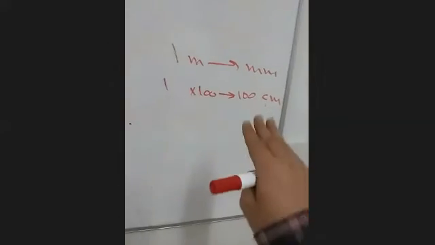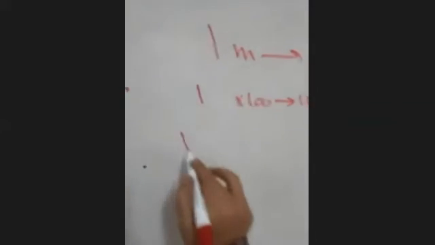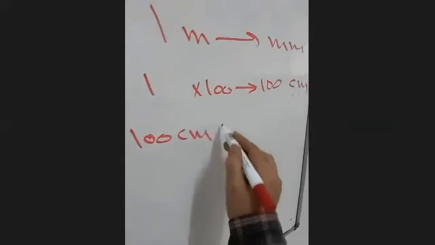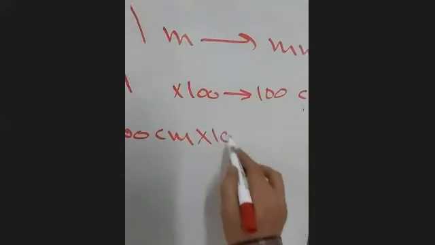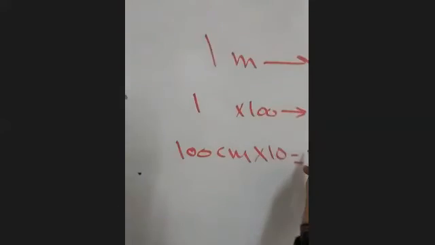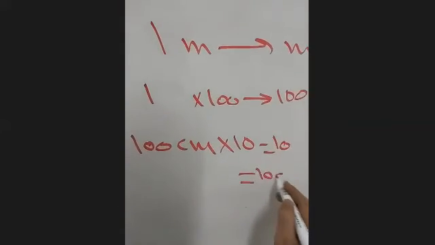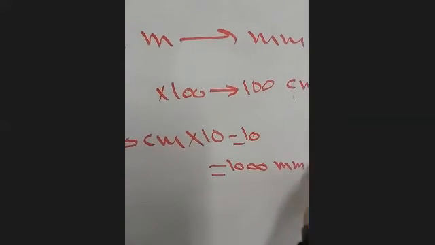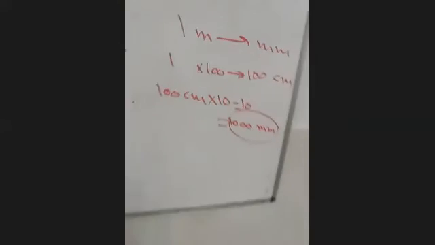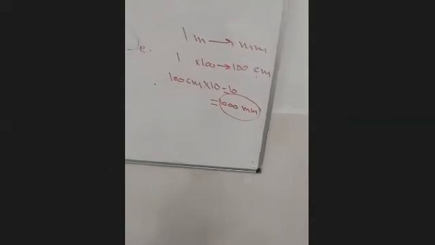Now I want to turn the centimeter to millimeter. 100 centimeter multiply another 10, because each 1 centimeter equals 10 millimeter. It will be 1000 millimeter. So the 1 meter is 1000 millimeter.